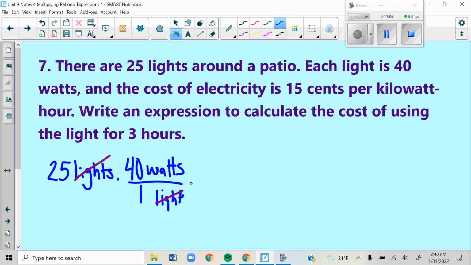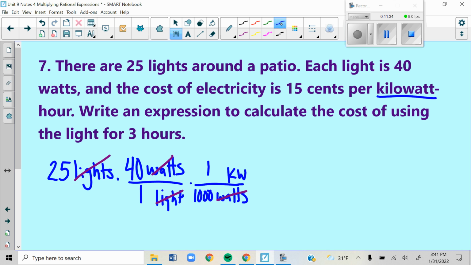So now I have it in watts, and we talk about kilowatts here, so I need to change watts into kilowatts. Watts is in my numerator, so I'm going to put watts in my denominator and kilowatts in my numerator. Remember, kilo is 1,000. So 1 kilowatt is 1,000 watts. So we'll see our watts cancel.